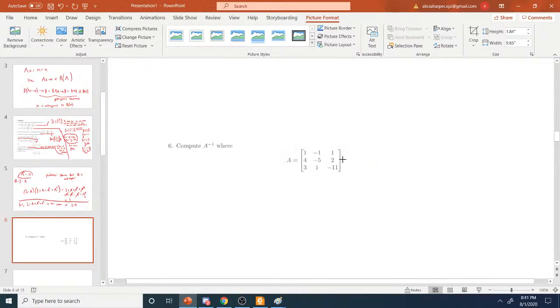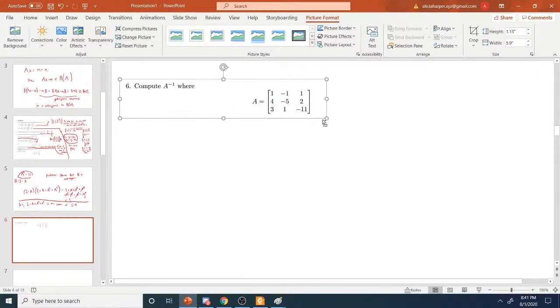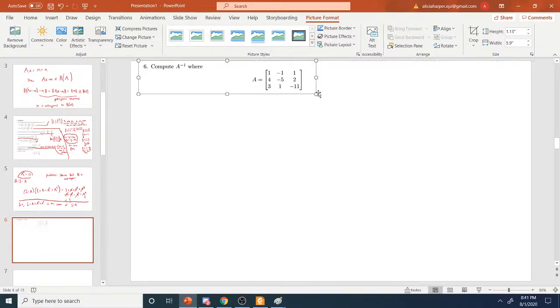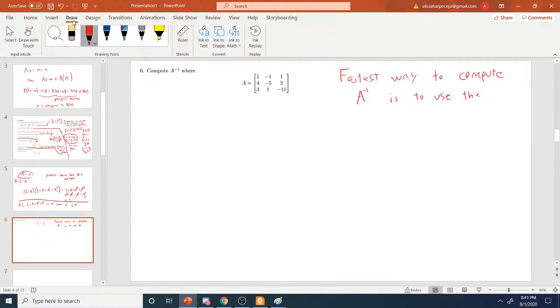The only reason one way is smart and one is dumb is that one requires more computations. So the fastest way to compute A inverse is to use the adjugate matrix.